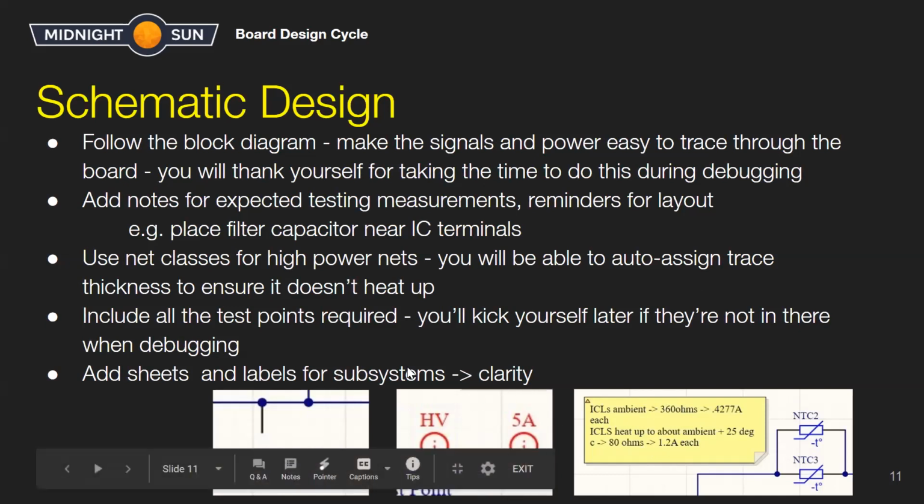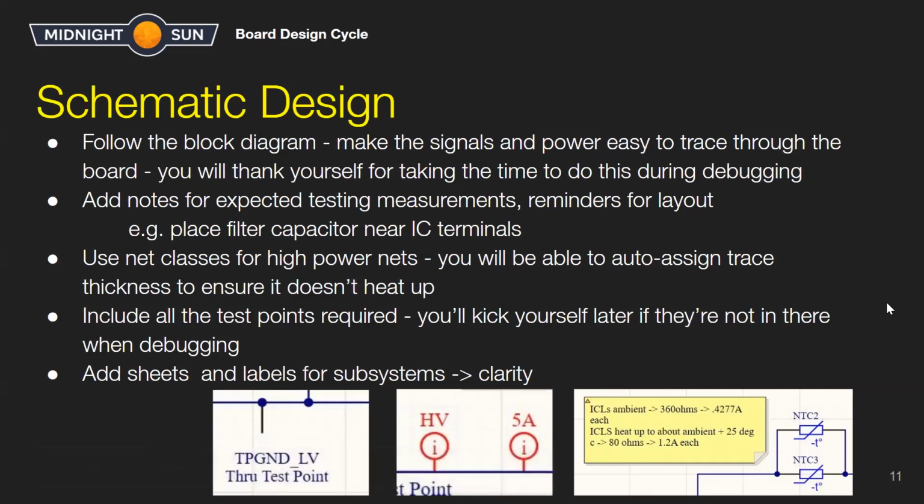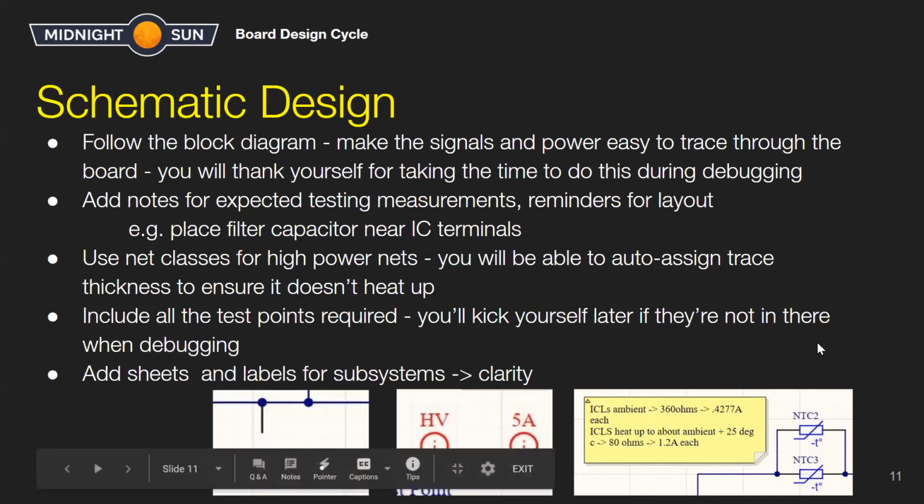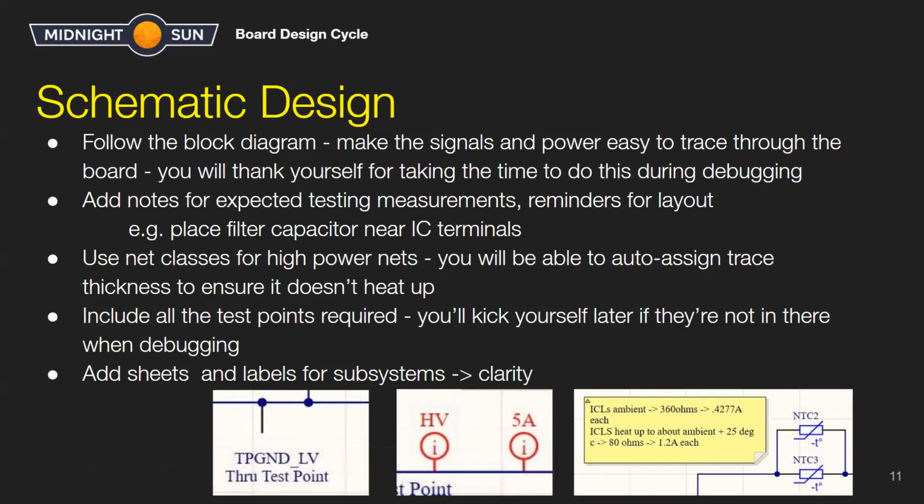Net classes are these red exclamation marks here, and those are great for labeling nets if they're high voltage or high power. You can auto-assign trace thickness to ensure proper spacing and proper thickness of the trace, so it won't heat up too much and won't ruin your board.